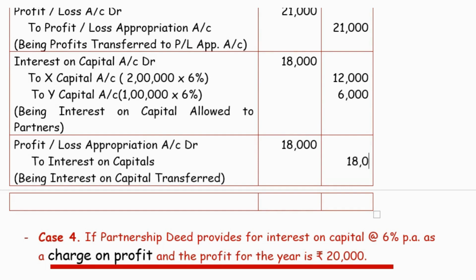In this question, the profit available is 21,000 and interest on capital is 18,000. So the available profit of 3,000 is to be shared between the partners.